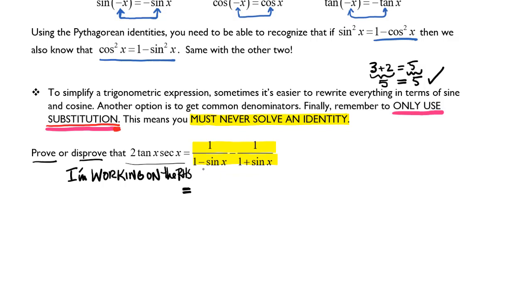Notice that I have 2 different denominators, and the only way I could simplify this further is to get a common denominator. The way I would do that is to multiply both of these by their conjugate, which is 1 plus sine x on the left fraction and the other one is 1 minus sine x.